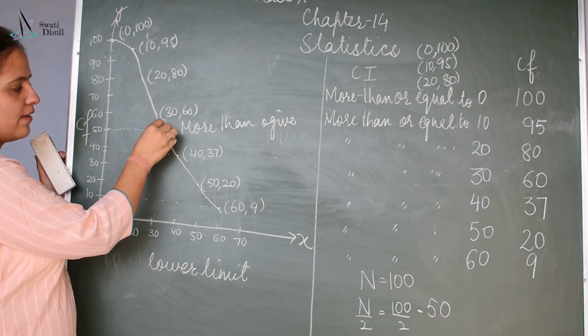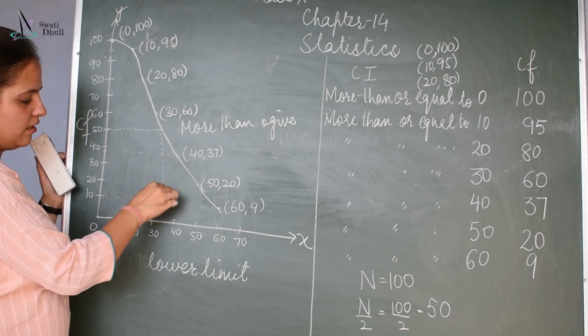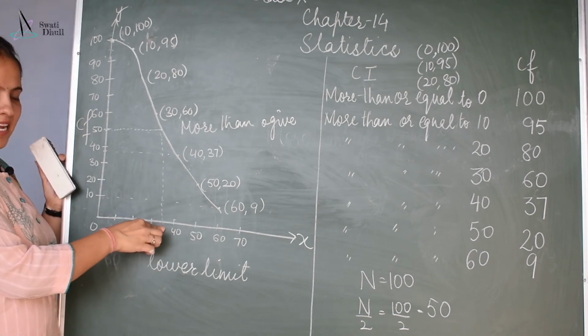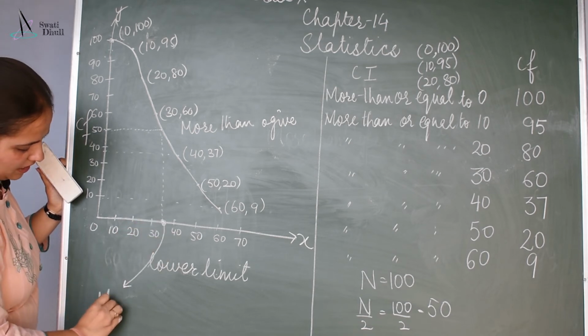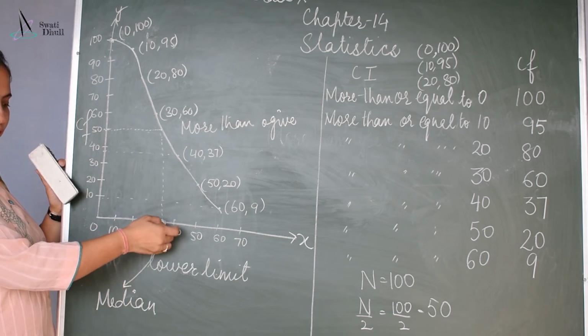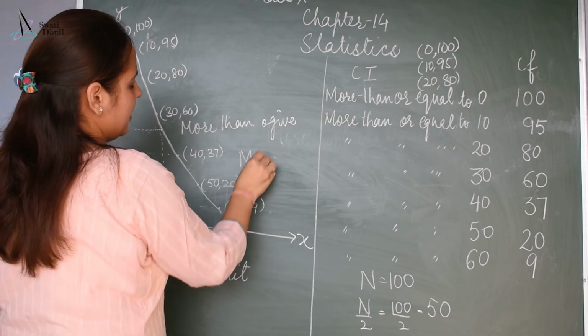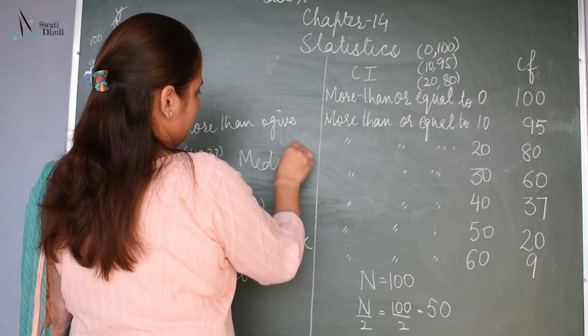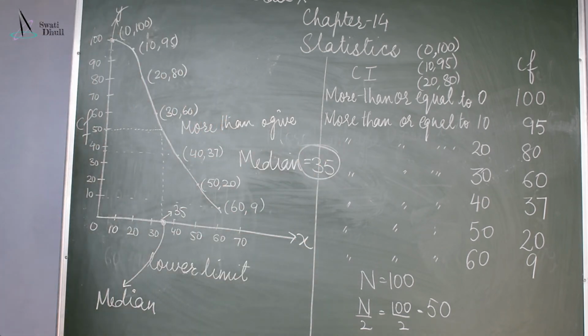So I will draw a line perpendicular from here on x-axis. Where it intersects, this point is your median. So it lies midway between 30 and 40. So this point is 35. So the median is 35.